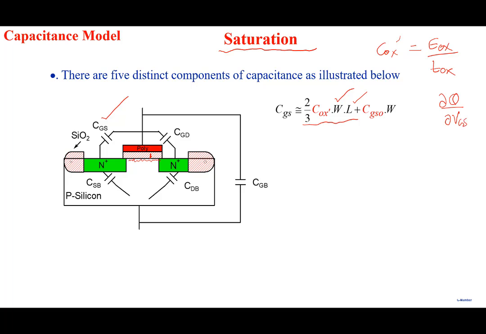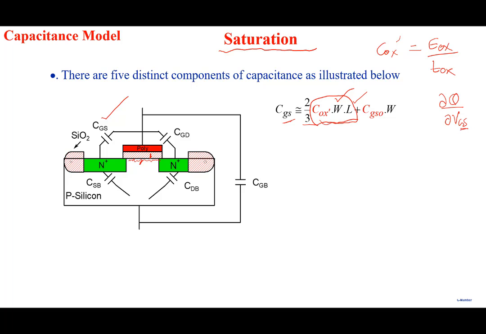So when you're looking at CGS, you're changing gate to source voltage, and then you're looking at what charges are changing. When you change the gate to source voltage, you change the channel charge. Obviously, if you increase the gate voltage, you increase the channel charge. If you decrease the gate voltage, you decrease the channel charge, right? So this part is coming about all from the channel charge.